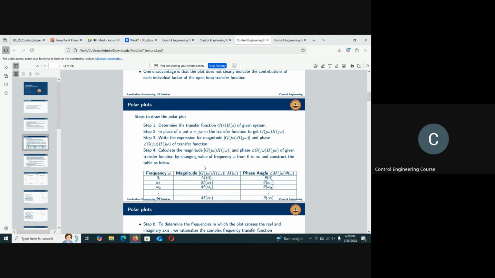Here you allow frequency to run as a parametric running variable, and you see how the point in the complex plane that represents G of j omega travels as omega increases from 0 to infinity. That is the polar plot of the system.